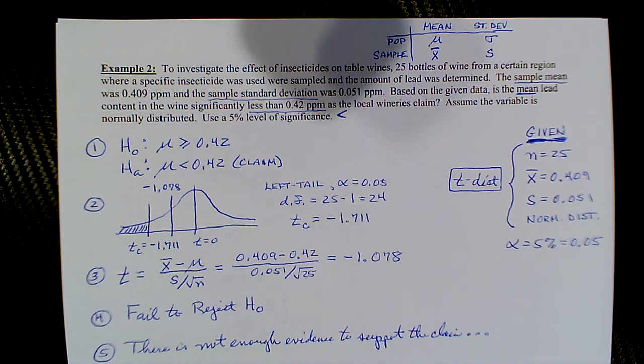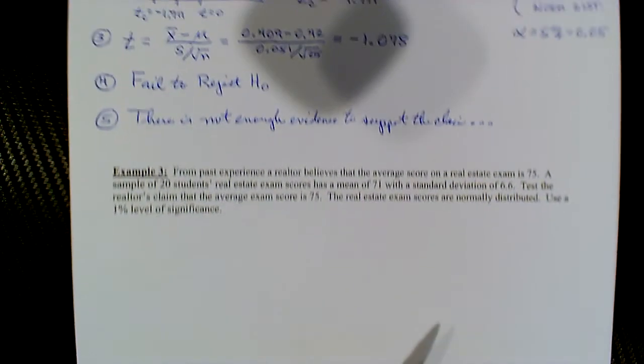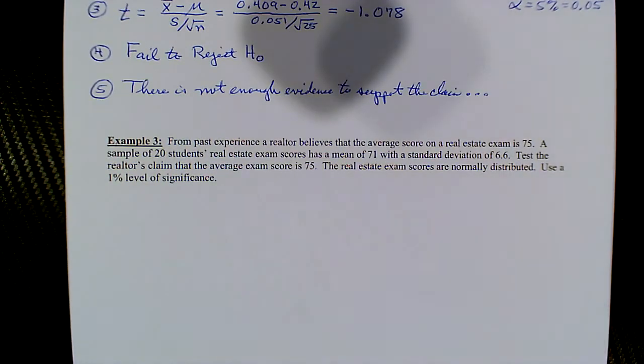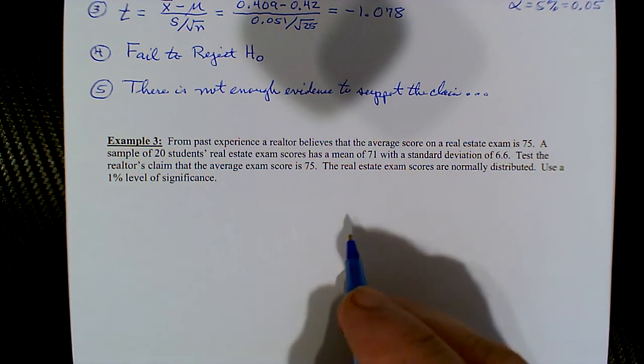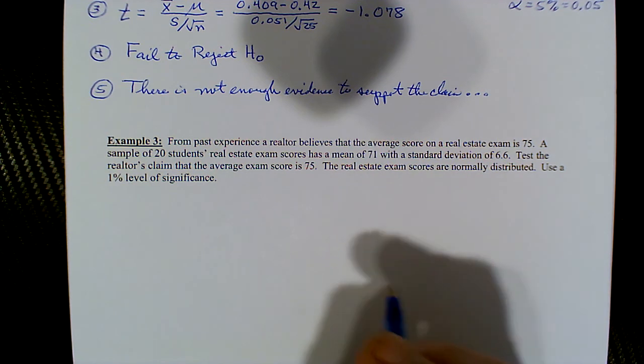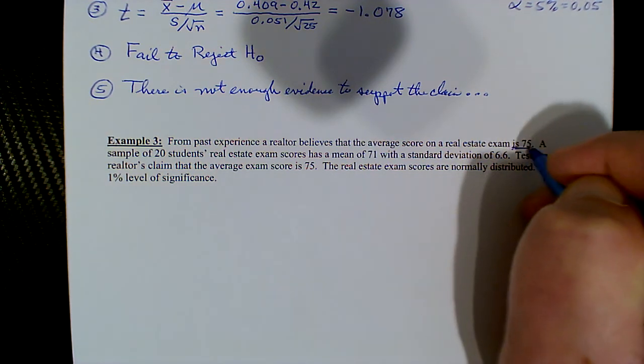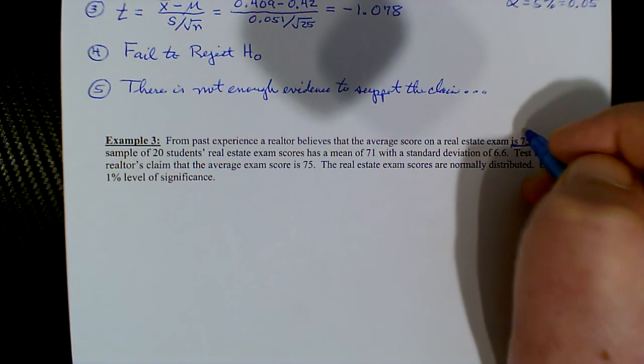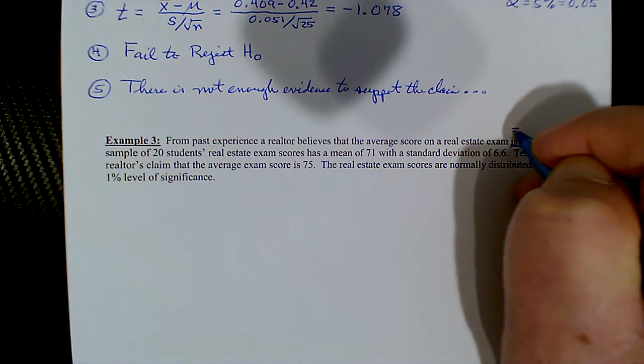All right, so another example. From past experiences, this realtor believes the average score on a real estate exam is 75. So that's his hypothesis, and "is" means equals.